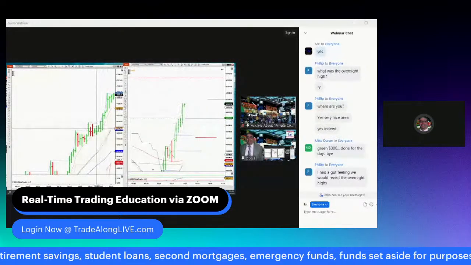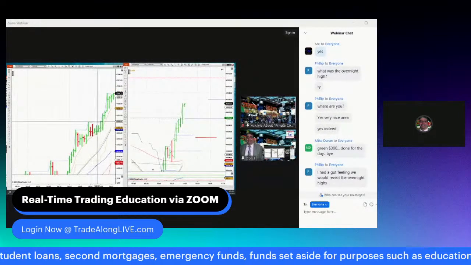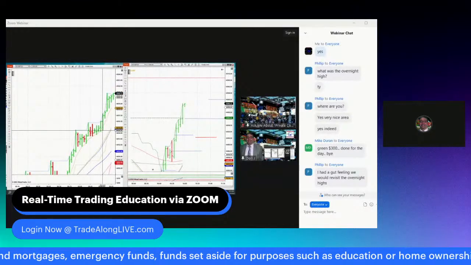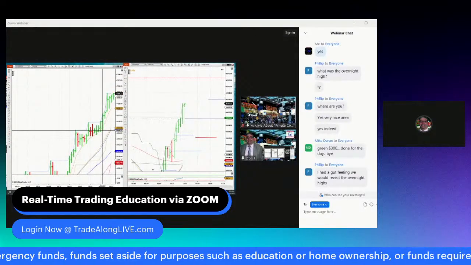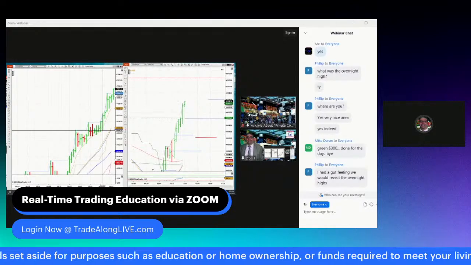At 96, we only rotated back about 1.5 points.